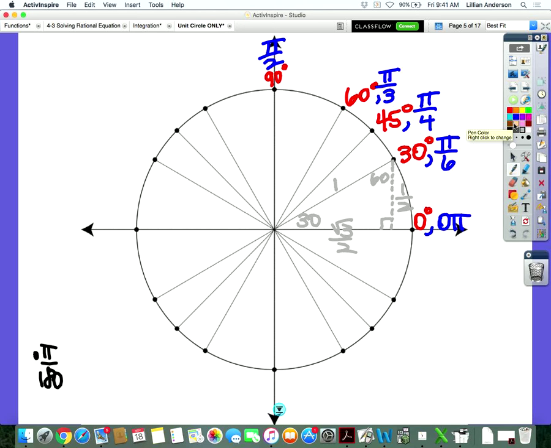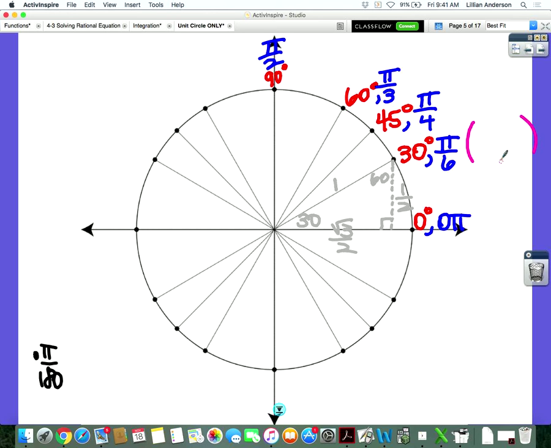The ordered pair, it's cosine first, that's your x value, and sine is your y value. What is the x value for 30 degrees? Square root of 3 over 2. It's the x. It's that length there. What's the y? 1/2, and that is the ordered pair for 30 degrees.